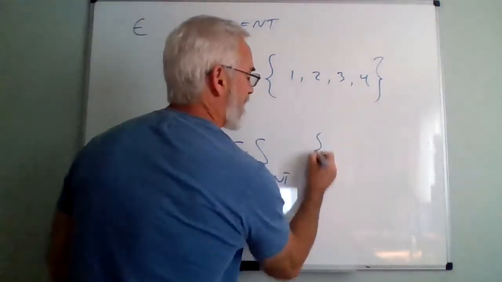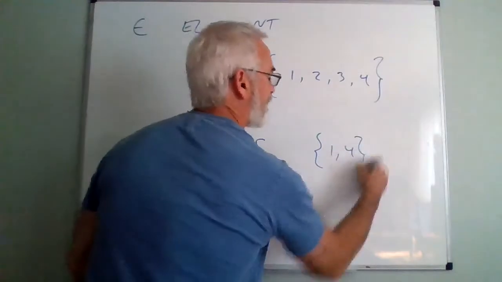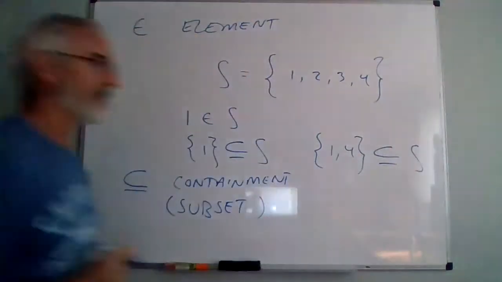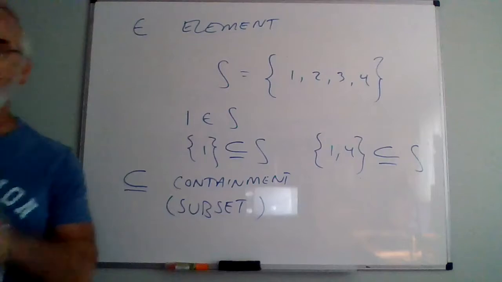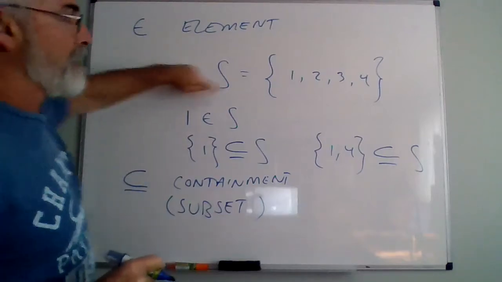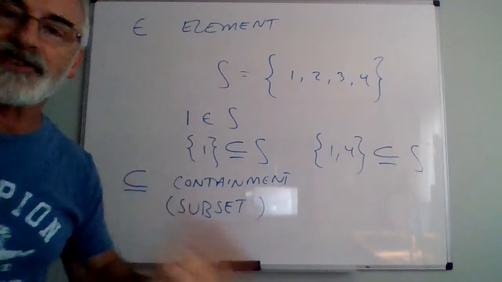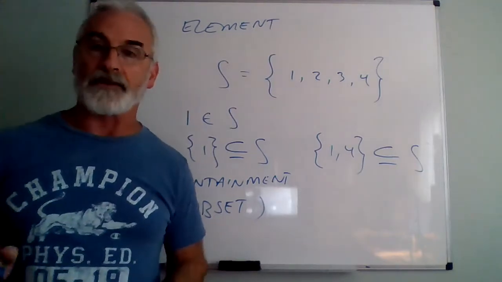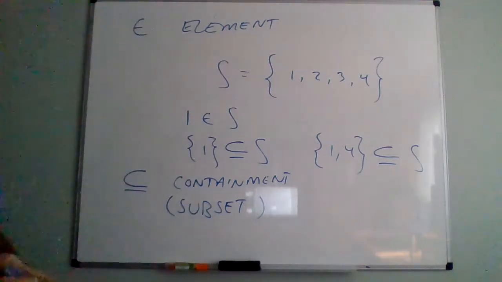So I could also say the set that has 1 and 4 is contained in S. So sets are contained in sets. Elements are individual things from the set. Now, it might seem like we're splitting hairs. No, it really isn't. It's really important that we make the distinction between the two. A set is an entire thing.